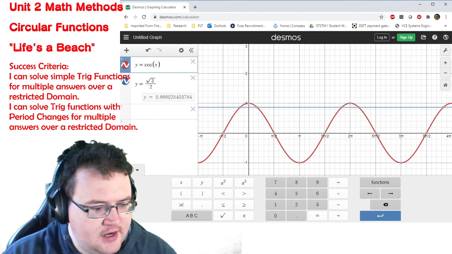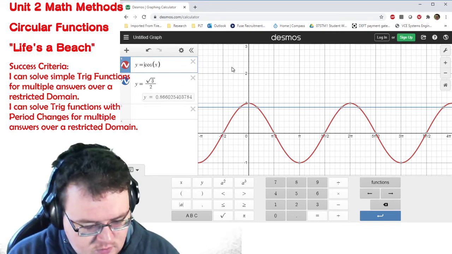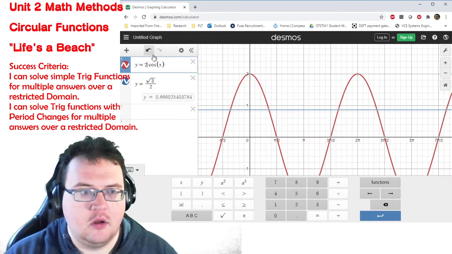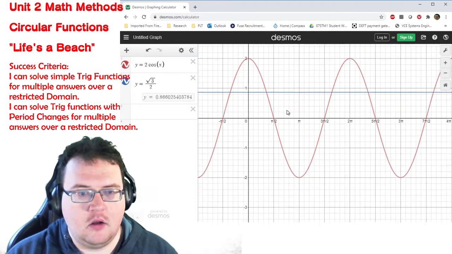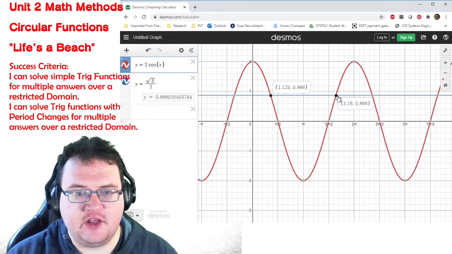So if I put a 2 on it, everything changes.